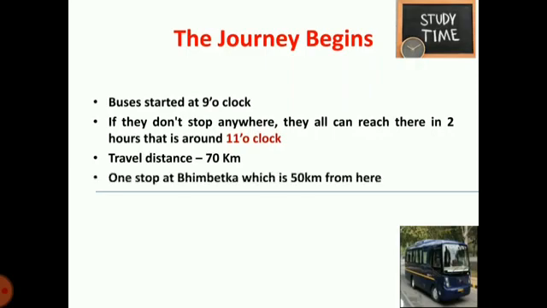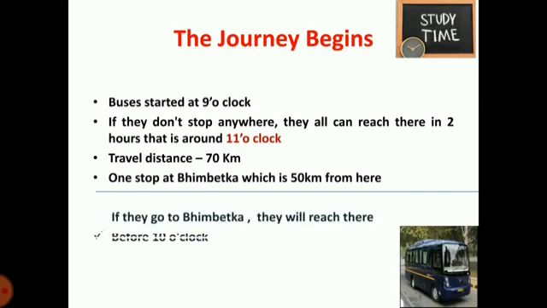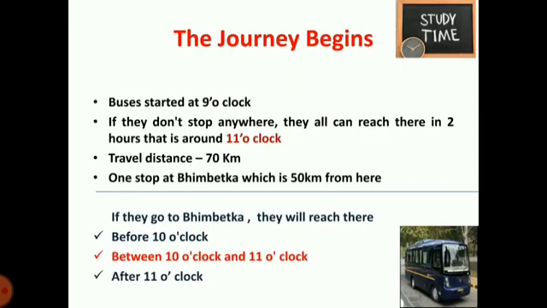They have planned to stop at Bhimbetka, which is 50 km from there. If they go to Bhimbetka, they will reach there before 10 o'clock, between 10 o'clock and 11 o'clock, or after 11 o'clock.